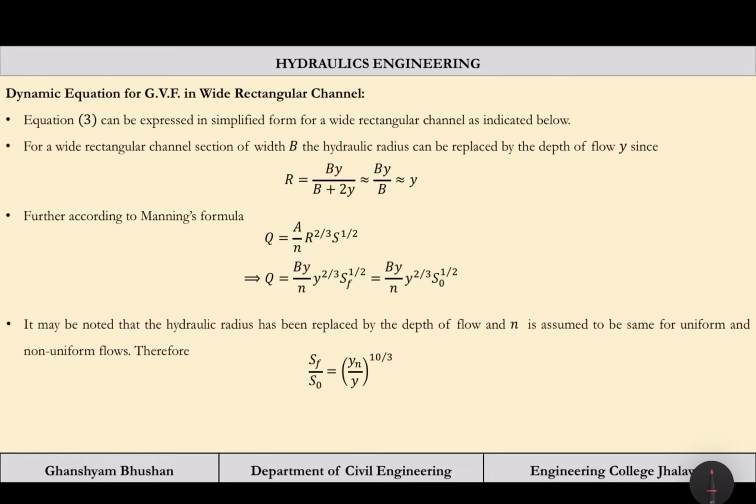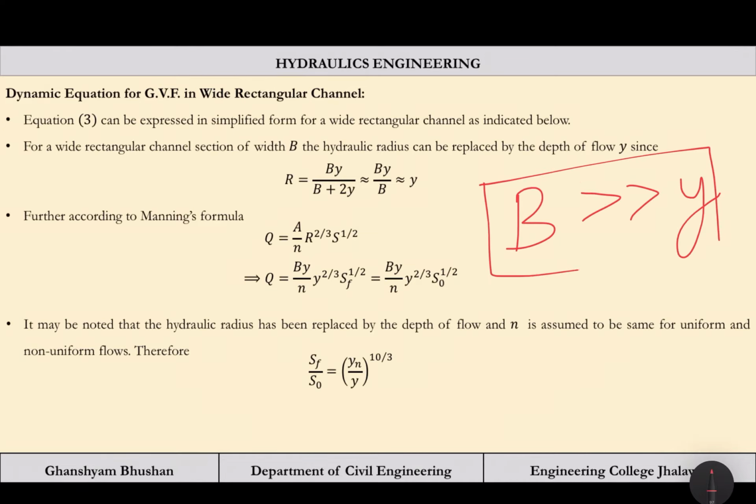So for a wide rectangular channel, what does this mean? If the channel is wide, this means b, the width of the channel, is very large with respect to y. Why is this assumption required?